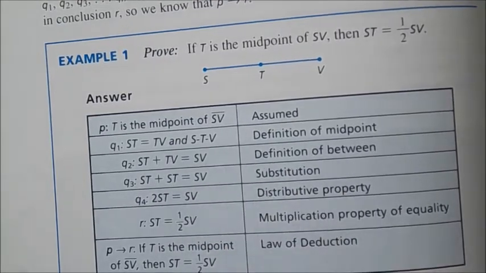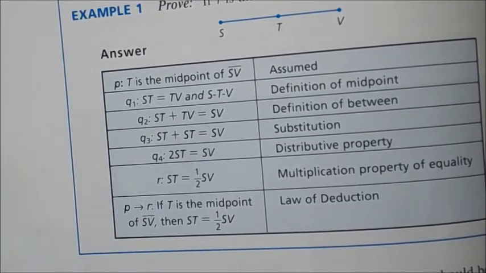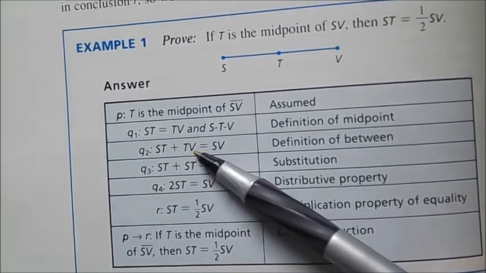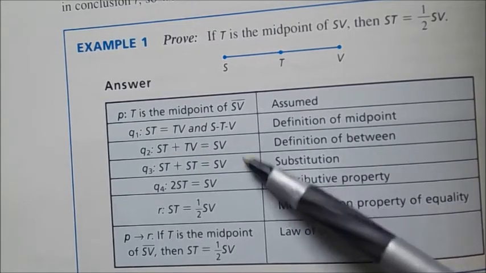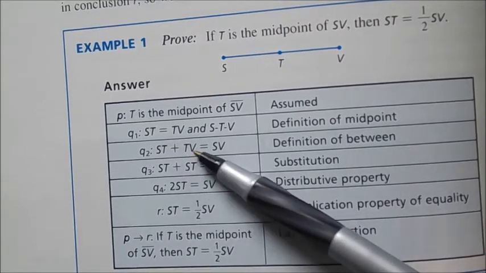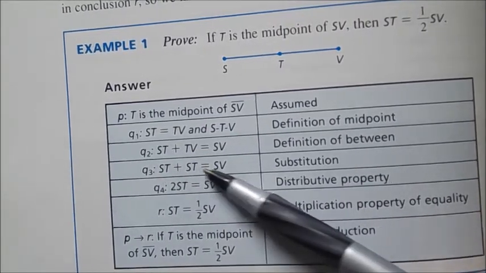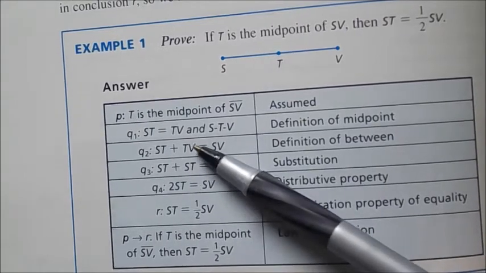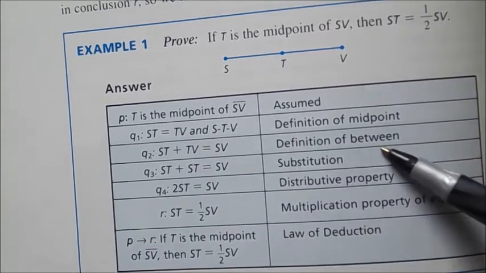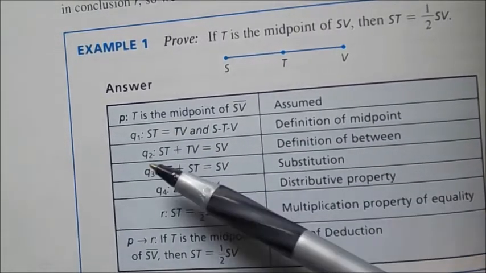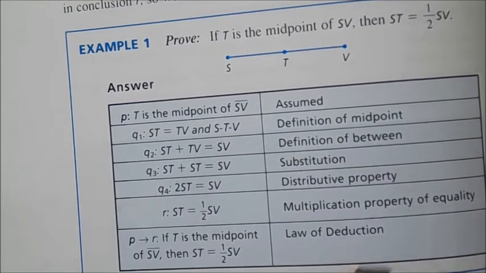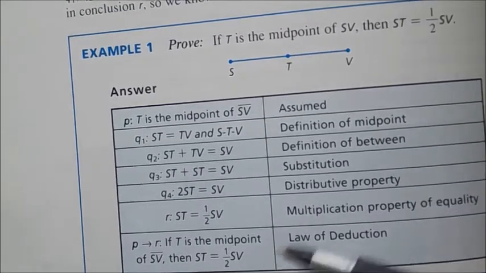Substitution is where if you take, notice here that we have ST plus TV equals SV. Now these two lines are exactly the same, except I can see that this part right here is different. So how are they able to say the same exact line, but they swapped out an ST for a TV? Well, because this line right here says that they're equal. So we're able to swap them out, so that's why it's substitution. Now ST plus ST is 2ST. That's the change in this line. We talked about that. It's the distributive property.